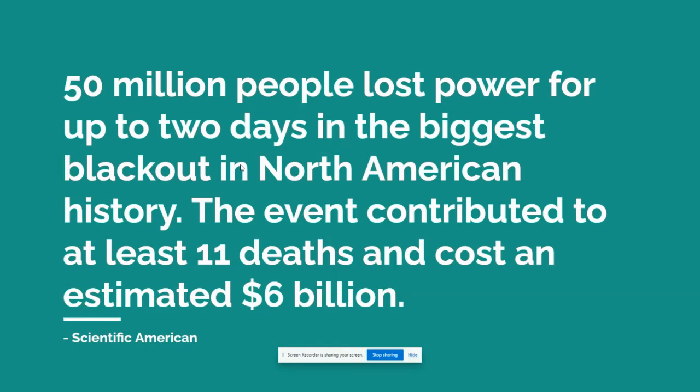This event also contributed to at least 11 deaths and cost an estimated 6 billion US dollars. So you can see how a small issue like a race condition can go a long way. So it is important that we understand what a race condition is, how it can happen, and how we can solve it.